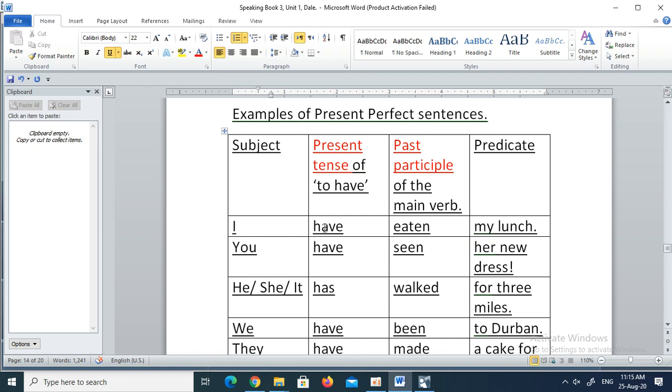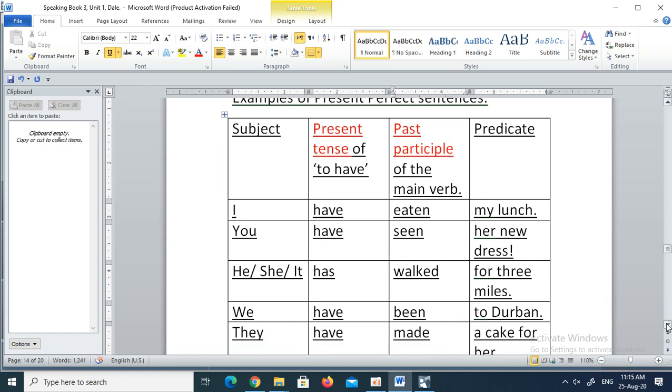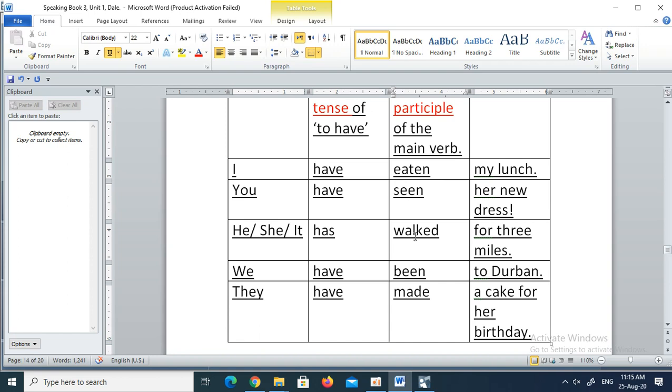I have eaten. Eaten is the past participle of the verb to eat, and we say I have eaten my lunch. You have seen. Seen is the past participle of the verb to see. You have seen her new dress. He, she, or it has walked for 3 miles.